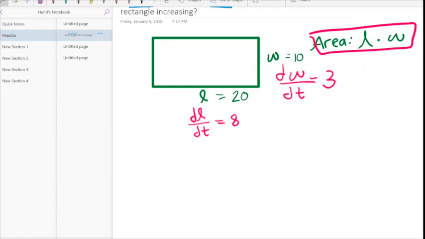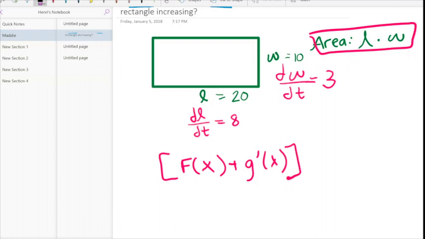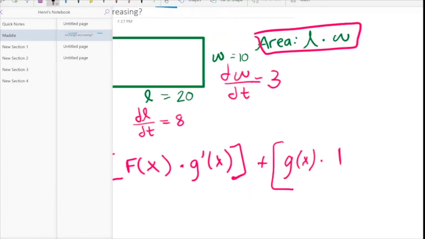That's the product. So if you forgot, the product rule is simply f of x times g prime of x, plus g of x times f prime of x.